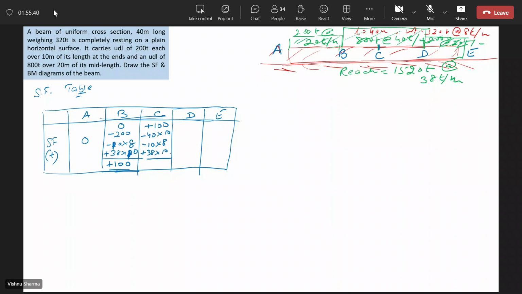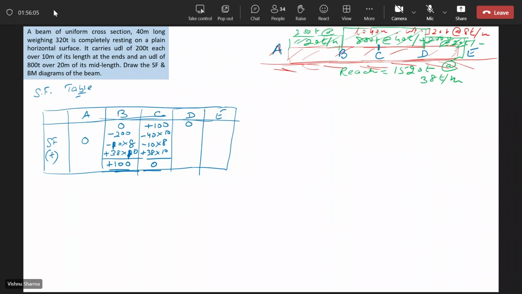So guys, this becomes minus 400, minus 80, plus 380. How much does it become? Minus 100, it becomes 0. Correct? At C, it becomes 0. Yes or no? We carry forward this 0.